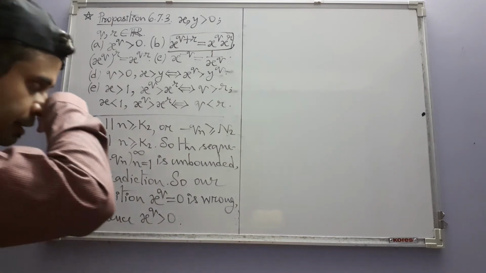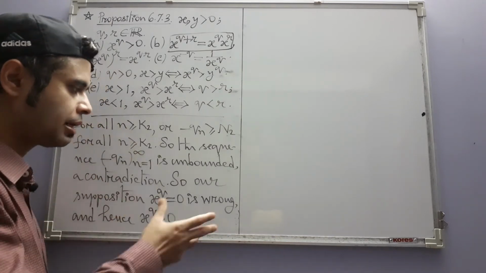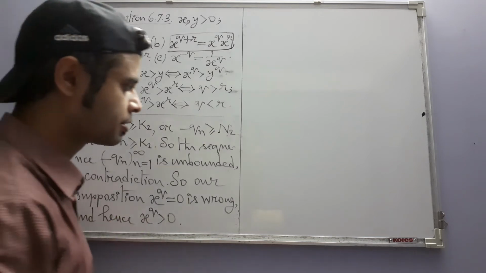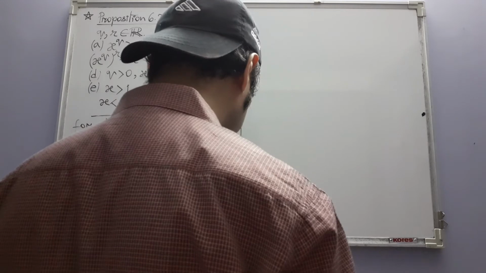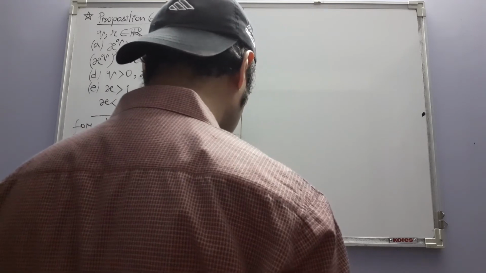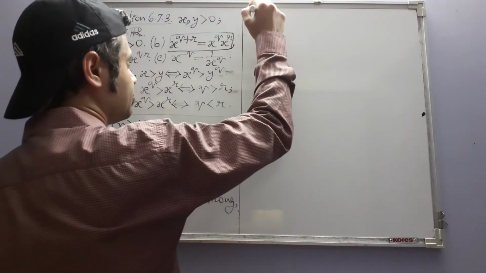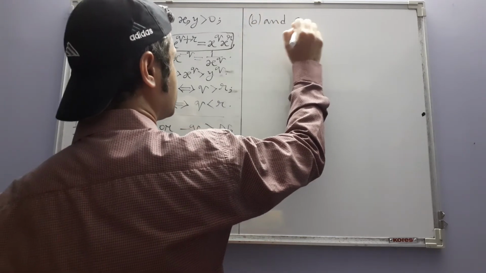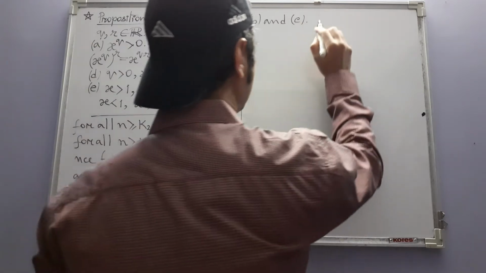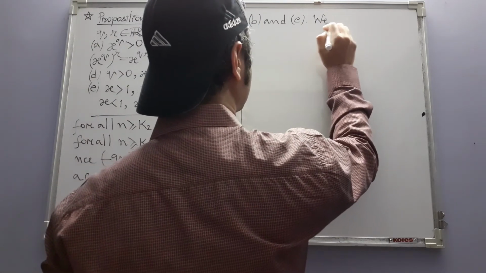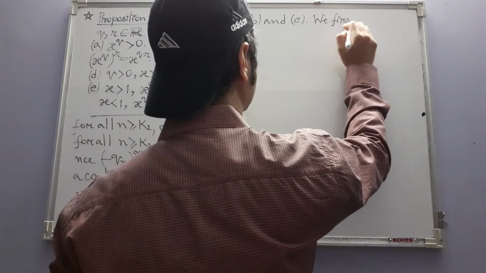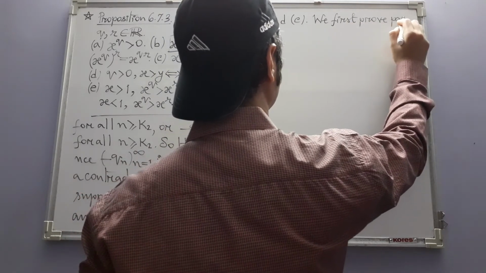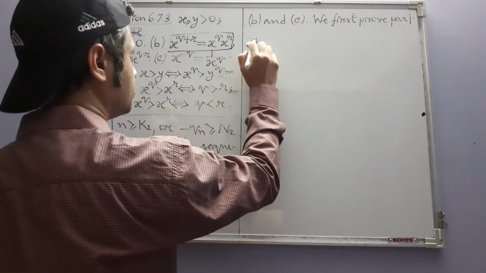We will try to rectify it. So far I have seen many times, actually I haven't found any mistake. Okay, so instead of writing B, we write B and C. First prove part C.